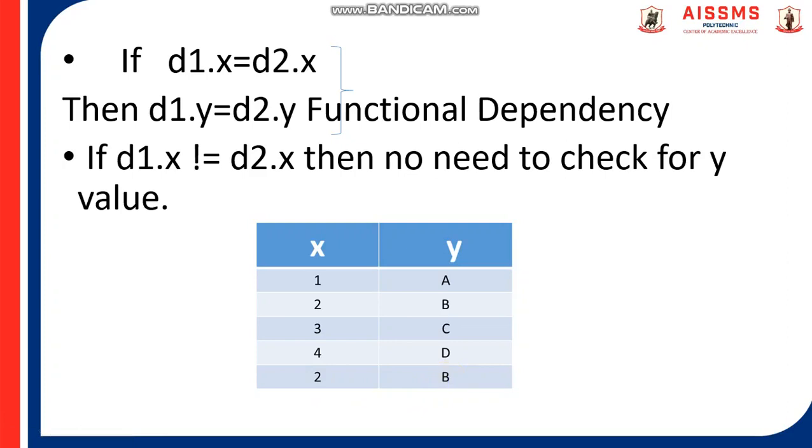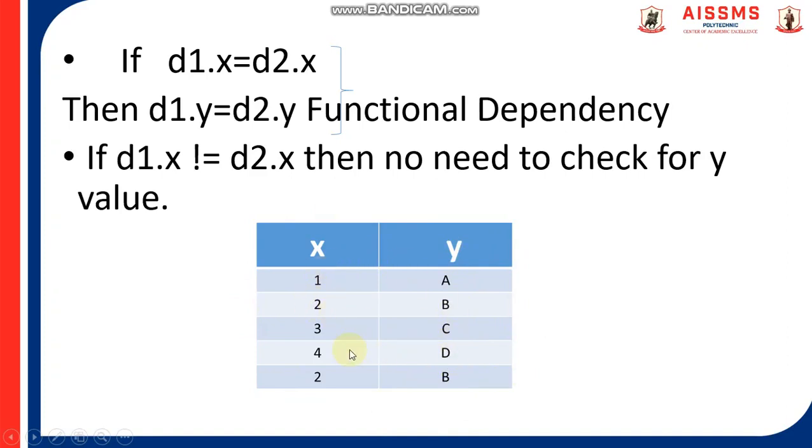If the value of x is repeated, then the y value should be the same. Here x is 2 and here also x is 2. If you take these two, you will tell me b, and if you take these other two, you will tell me b. Then this is a functional dependency, because the y value depends on x.